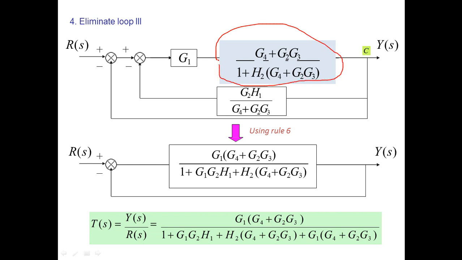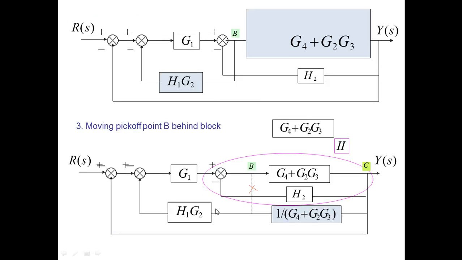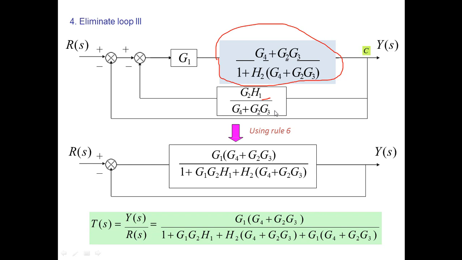The loop was solved and simplified into this version, and this thing was the cascading of these points, H1 G2 divided by G4 plus G2 G3. This is the one, and you can see that now these two are in cascade form, so you just have to multiply it.